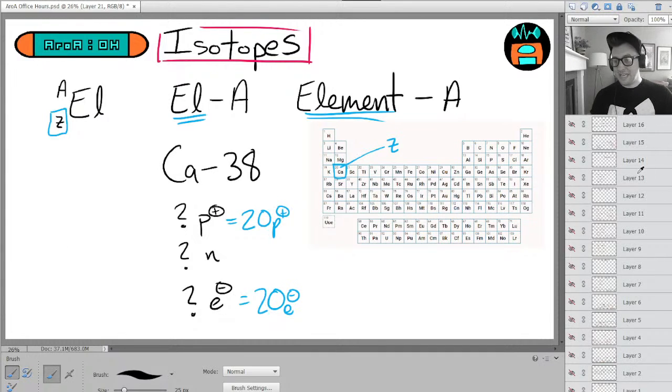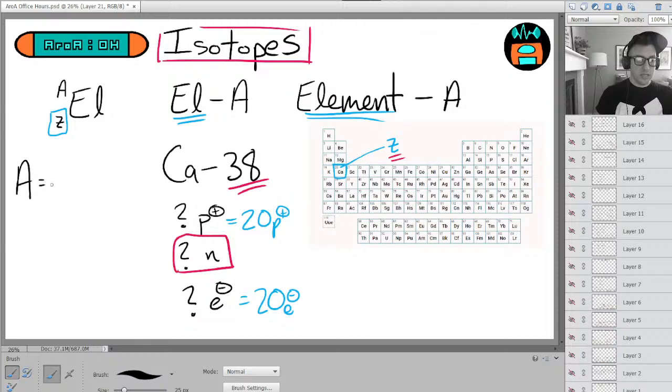Now, how do we get at the neutrons? We do that through the mass number and the atomic number. Remember, your mass number is your protons plus your neutrons, and your atomic number is just your protons.